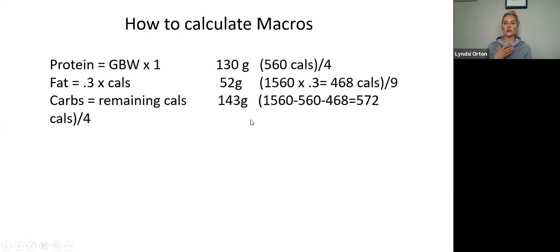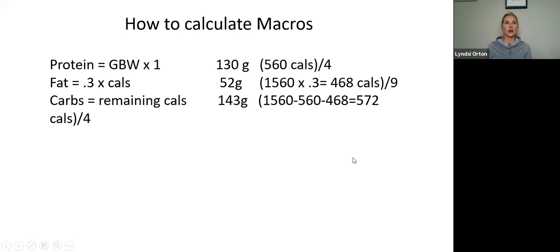So every day you're going to track in your MyFitnessPal or whatever app that you're using, and you're going to set the goal in there. There's a little feature in there that lets you plan out and set what your calorie and macro goals are. So this is the goal that you're going to set in there. You're going to put 130 grams of protein as your goal, 52 grams of fat, and 143 grams of carbs. So those are the macros that you are going to hit.